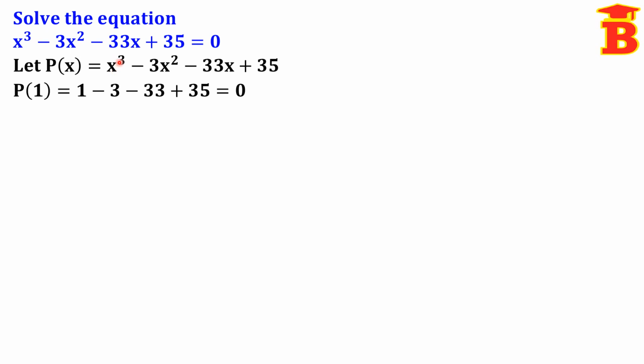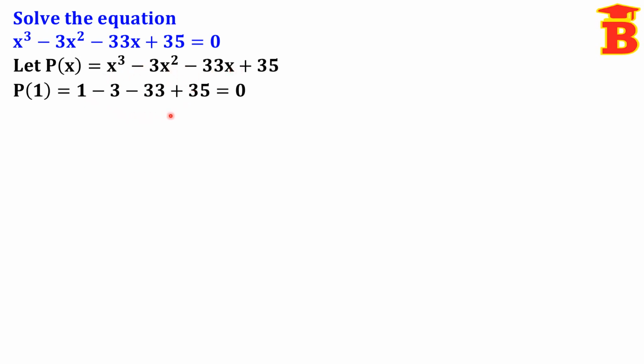So here 1 cube is 1, and 1 square into minus 3 is minus 3. Also if we put x equal to 1, 1 into minus 33 is minus 33, plus 35. So put x is equal to 1, that means take and write all the coefficients, that is 1, minus 3, minus 33, plus 35.